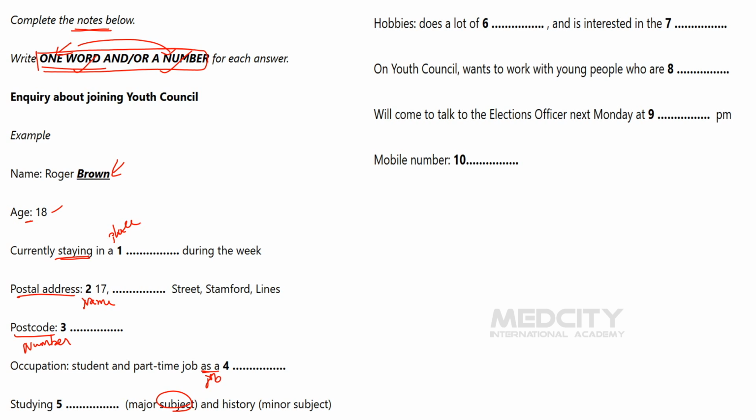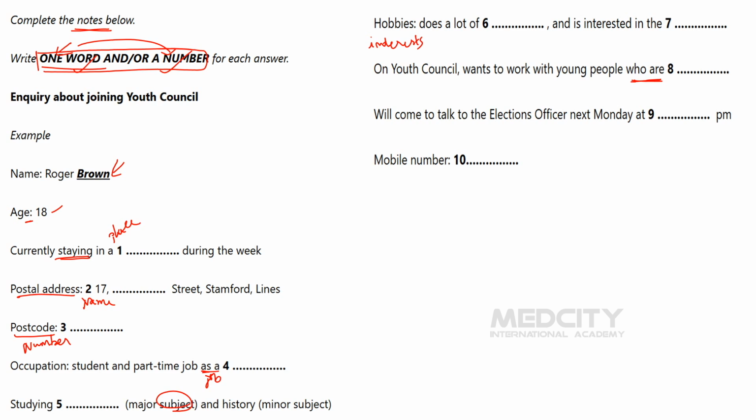Then you have hobbies. So you should be looking out for the interests. Maybe they would be mentioning music, dancing, we don't know, playing cricket, whatever it is. Then the youth council wants to work with young people who are.